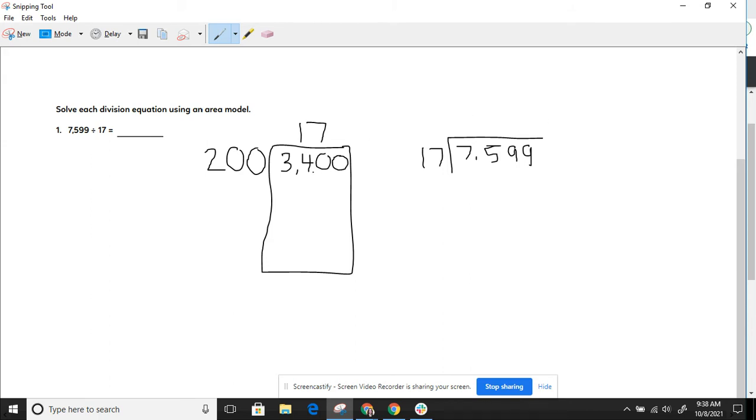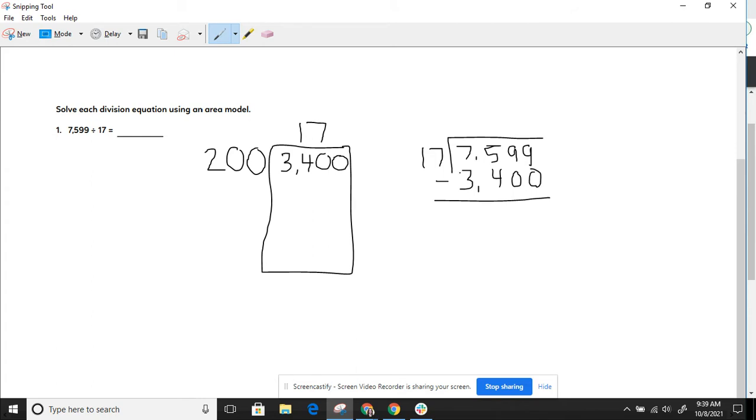Now that I've gotten pretty close to 7,599 by multiplying 17 times 200, I'm going to take this 3,400 and write it underneath my 7,599. I just took what I got when I multiplied and put it underneath the dividend, which is 7,599.